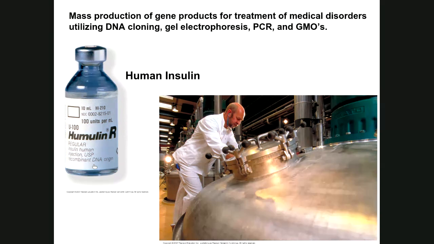Prior to this company, Genentech, coming up with this innovation through DNA technology, type 1 diabetics in particular were being given pig insulin because pig insulin was the closest in homology to human insulin. The problem was it wasn't 100% identical, so they were having some serious side effects. So this was a huge advancement using these different techniques, everybody.